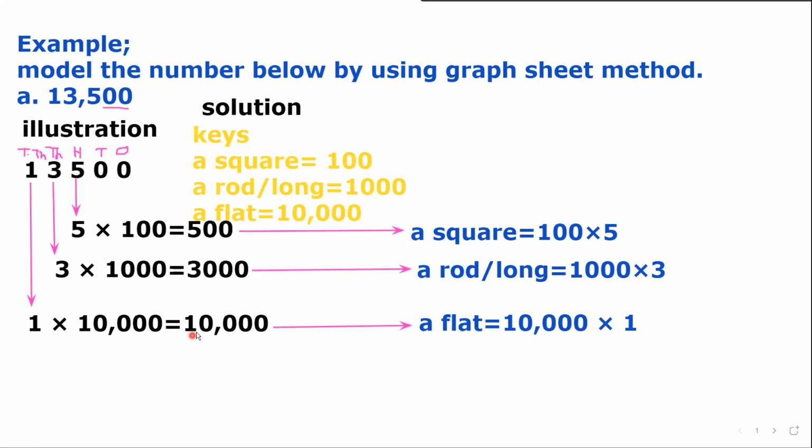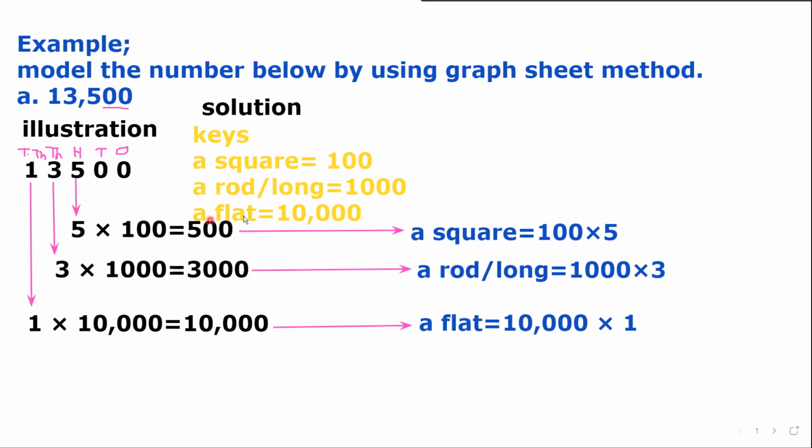Then the last number that we need to model by using the graph sheet. The graph sheet has only 3 keys: a square, a rod or long, and a flat. Now we have done with the 3,000. Then you move on to the 10,000. When you have the 10,000, we have only a material that can be closer or equal to 10,000.